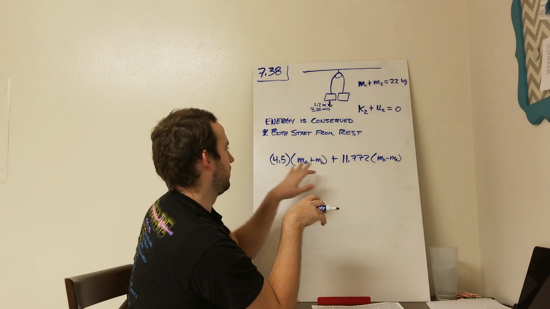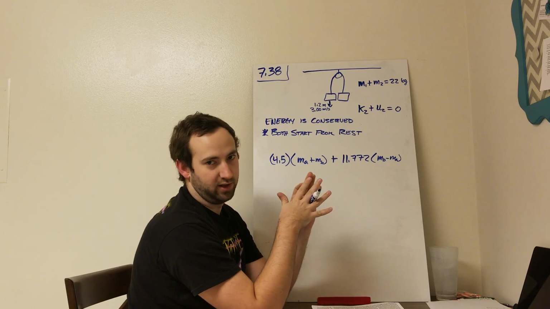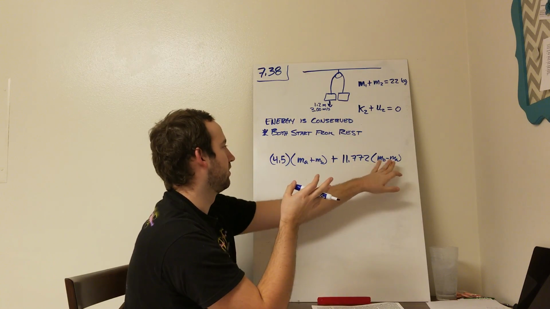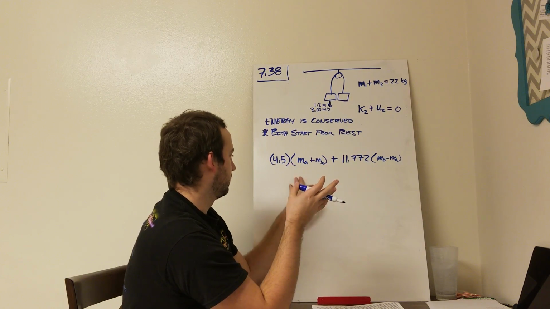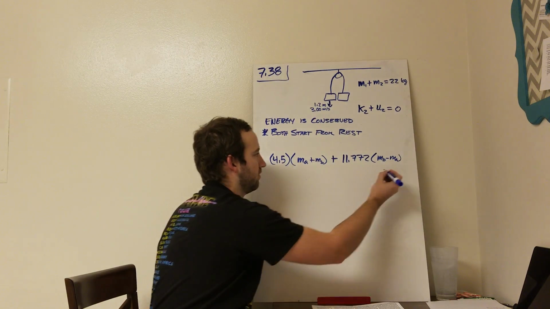Now, these are a little different. This is just when you crunch all the numbers in the calculator, you end up with this. So that, and all of this equals 0.